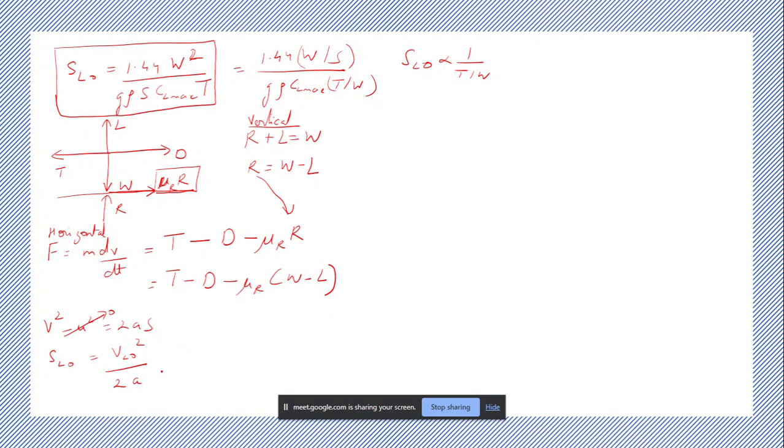Now V liftoff, we consider to be equal to 1.2 times V stall, and V stall was 1.2 square root of 2 W upon S rho CL max. So now we substitute that here, and we substitute also the value of acceleration.